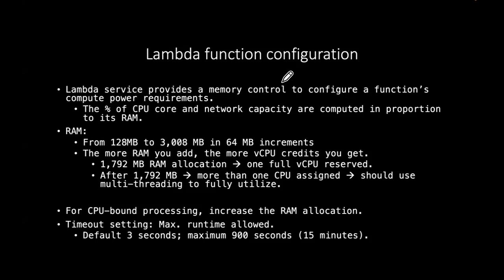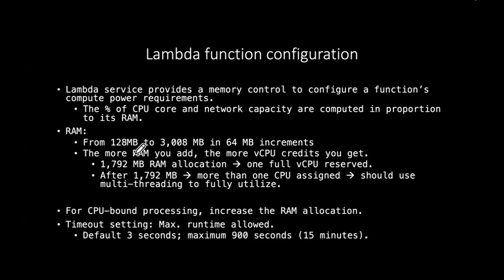The AWS Lambda service controls the CPU power, in other words the number of virtual CPUs associated with your Lambda function. You can't control that directly, only by virtue of the amount of RAM you associate with your function.